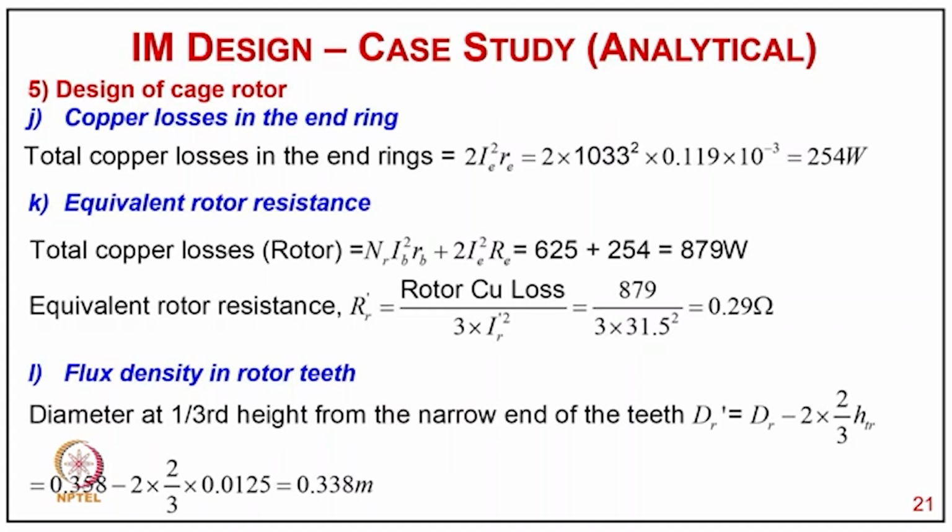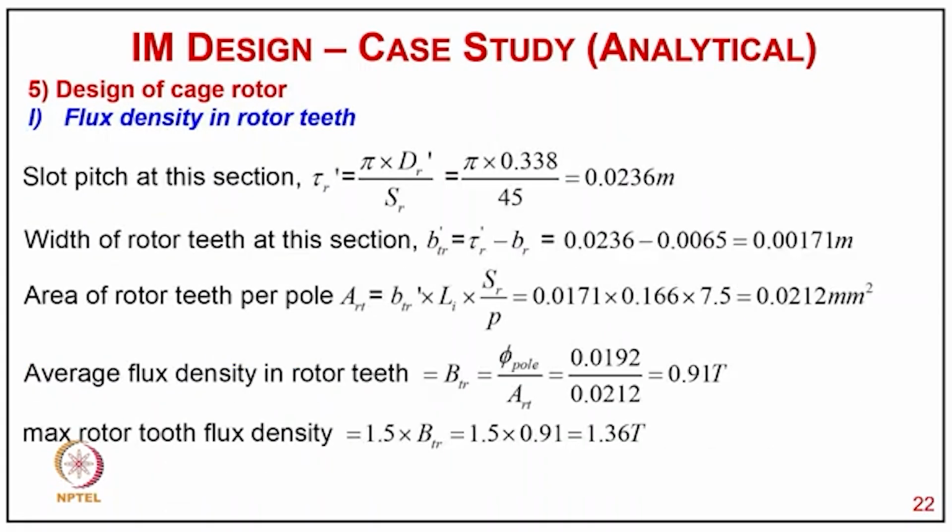Now for the flux density in the rotor teeth, the diameter at one third height from the narrow end of the teeth is Dr dash equal to Dr minus 2 into 2 by 3 STR. Putting values, it comes to 0.338 meter. The slot pitch at this section is TOR dash equal to pi Dr dash upon SR. Putting the value, it comes to 0.0236 meter.